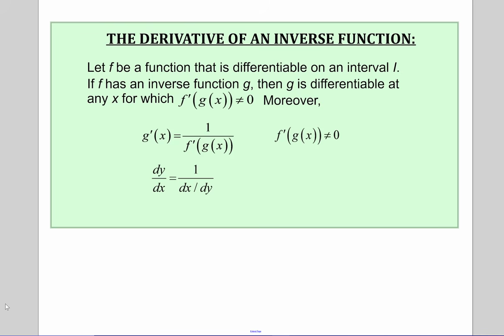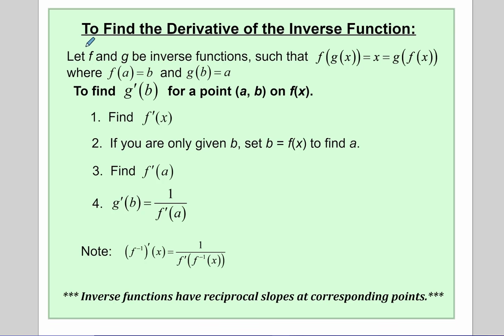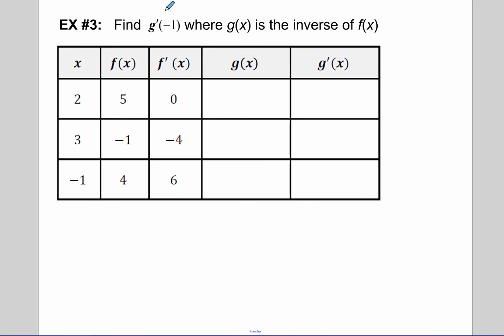So let's say we want to find the derivative of an inverse function. Here's the procedure. And without spending time reading through that, we're just going to look at this in a table format and experience that, okay? So we have this function f, and the ordered pair is (2, 5).